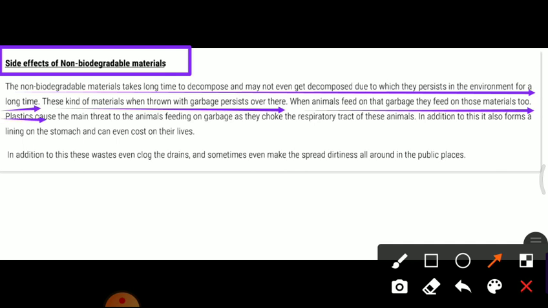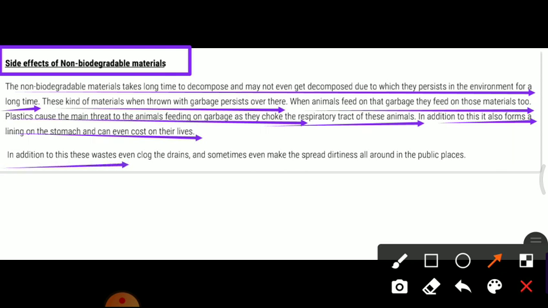Plastics cause the main threat to the animals feeding on the garbage as they choke the respiratory tract of these animals. In addition to this, it also forms a lining on the stomach and can even cost their lives. In addition to this, these wastes even clog the drains and sometimes spread dirtiness all around the public places.